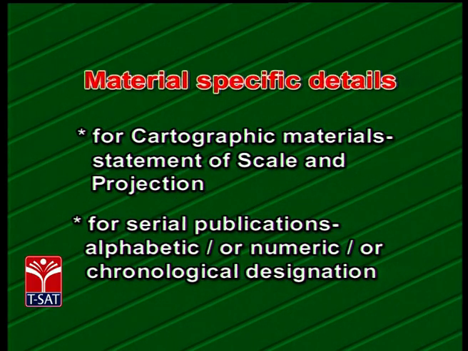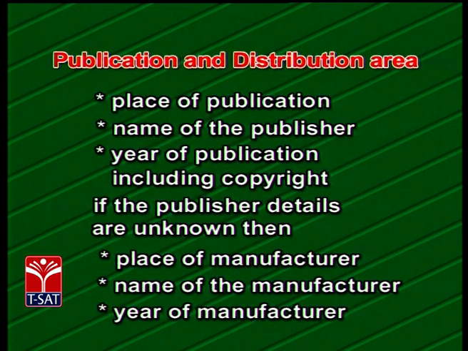And the third area is the material specific details. In this area, in case of cartographic materials, the statement of scale and projection details will be given. And in the case of serial publications, the alphabetic or numeric or chronological designation number will be given here. And the fourth area is the publication and distribution area.